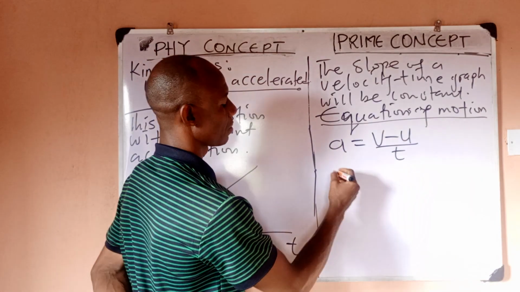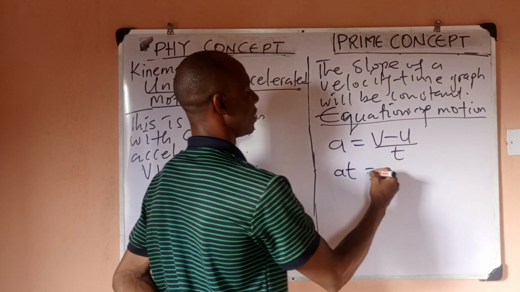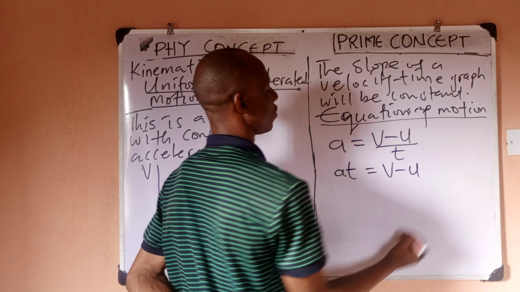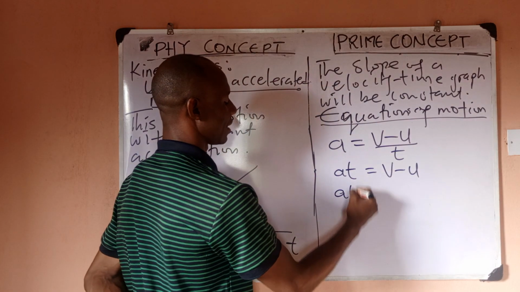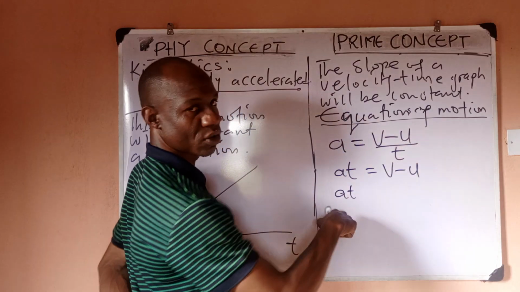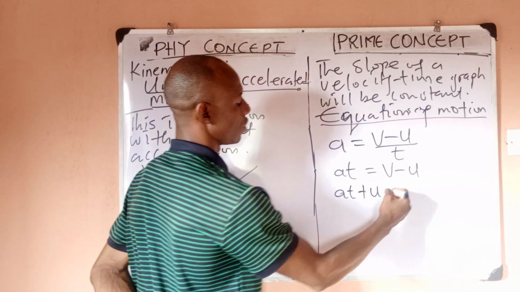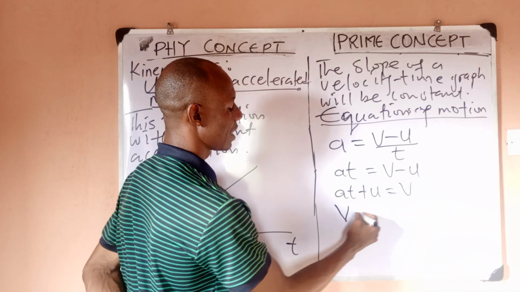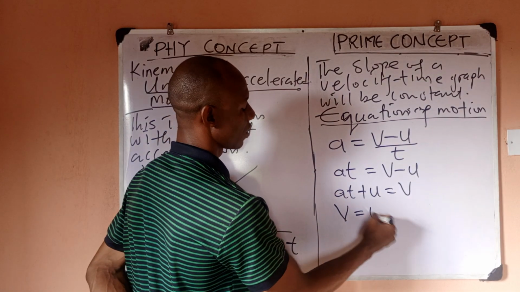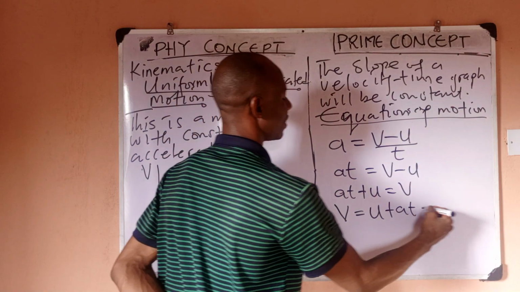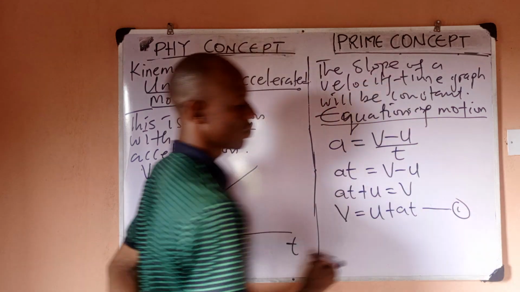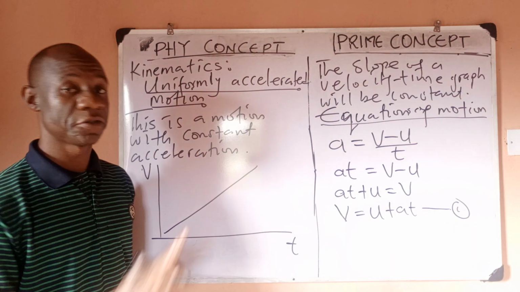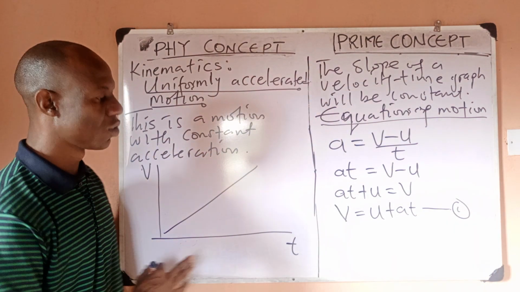So if you cross multiply, you would have at equals v minus u. When minus u comes to this side, it becomes plus u, so at plus u is equal to v. A better way to write this is to simply say that v is equal to u plus at.